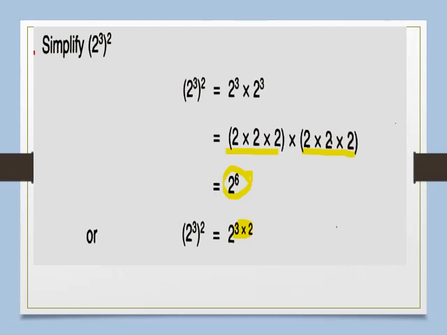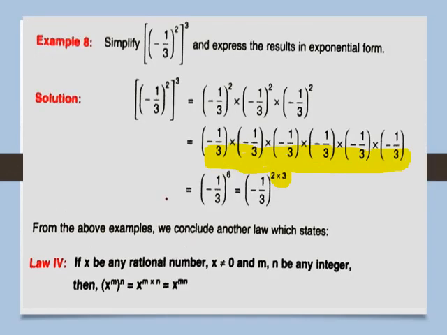So see here in the next example, the rational number minus 1 upon 3 squared, and this whole raised to the power 3. Express this result in the exponential form. Just now we have seen. So minus 1 upon 3 whole square we will write 3 times, because the power is 3. Then again each number we will write 2 times, because the power is 2.